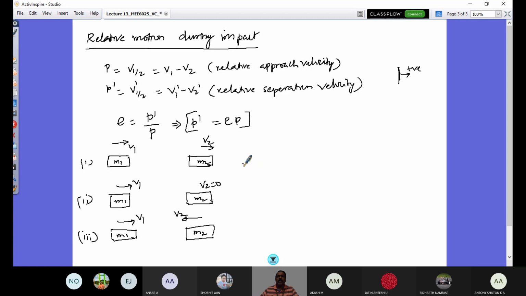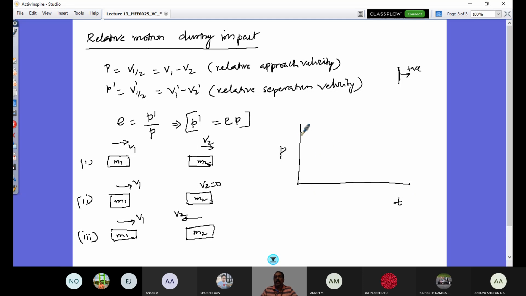So why did I draw this and explain the relative velocity concept? If you look at the relative velocity P as a function of time, I'm not looking at an individual velocity, rather the relative velocity P. In any of these cases, you can look at what P is as a function of time. The entire event gets over in milliseconds, right? So I just have a time T1 before and after collision.